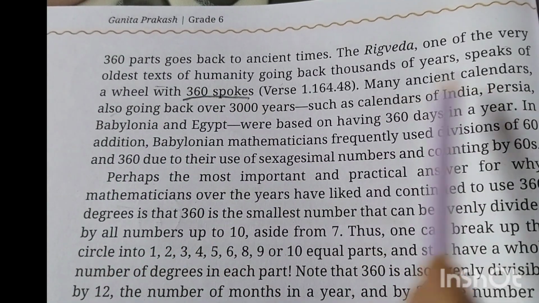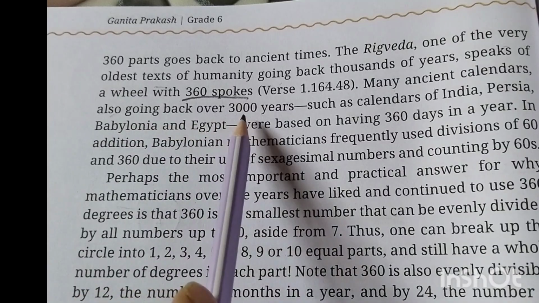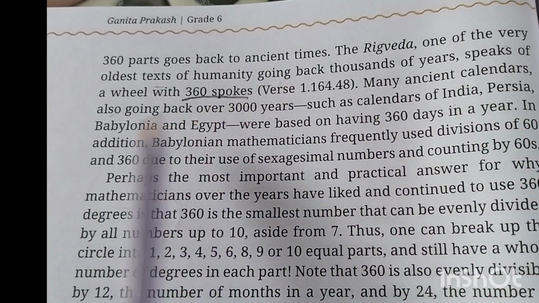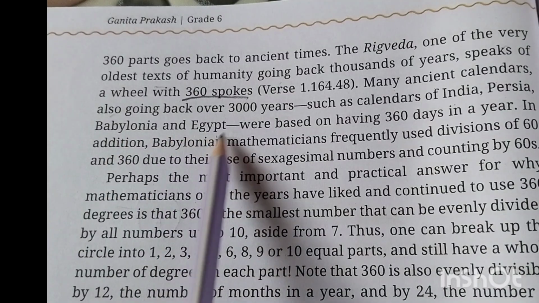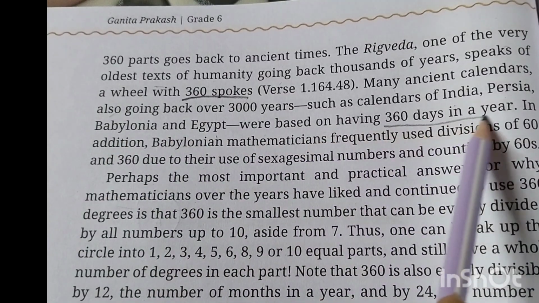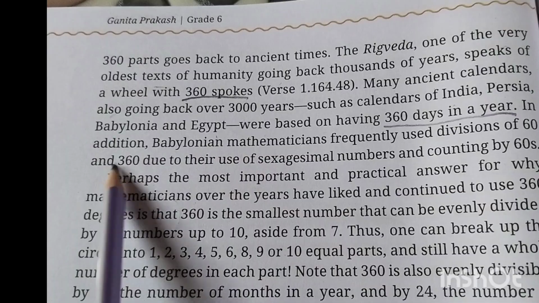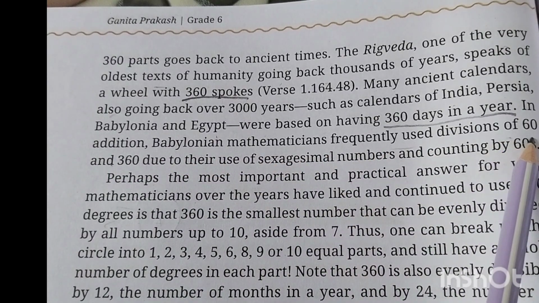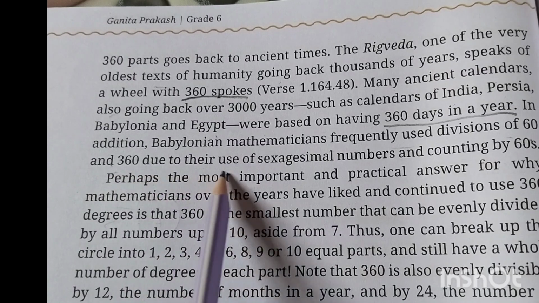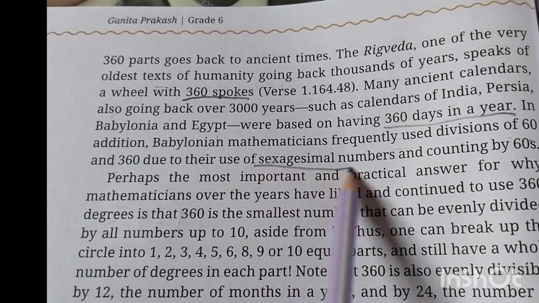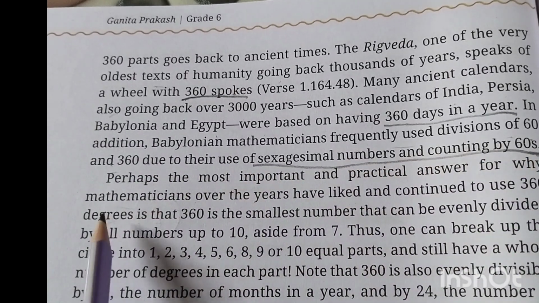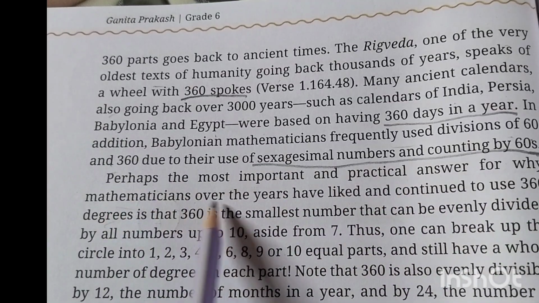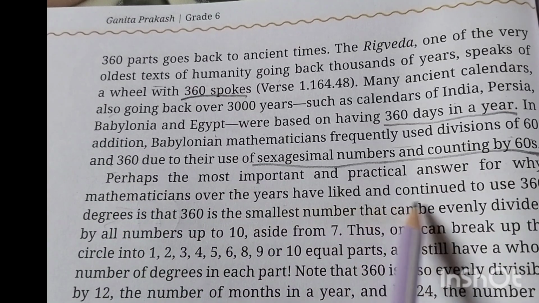Many ancient calendars, also going back over 3000 years, such as calendars of India, Persia, Babylonia, and Egypt, were based on having 360 days in a year. In addition, Babylonian mathematicians frequently used divisions of 60 and 360 due to their use of sexagesimal numbers and counting by 60s.